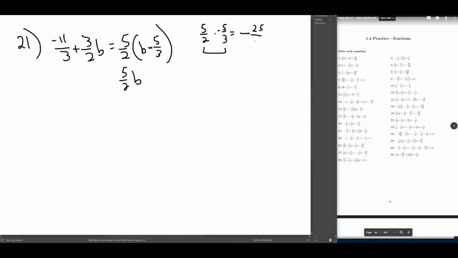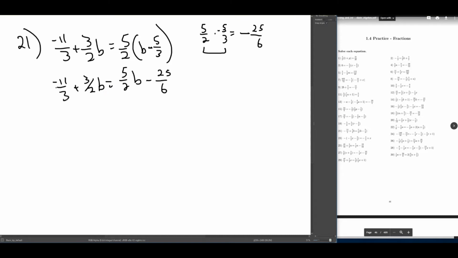Therefore, the answer will be negative. And we multiply the bottom and we multiply the top. That's 5 times 5 equals 25. 2 times 3 equals 6. That's minus 25 over 6. Minus 25 over 6.